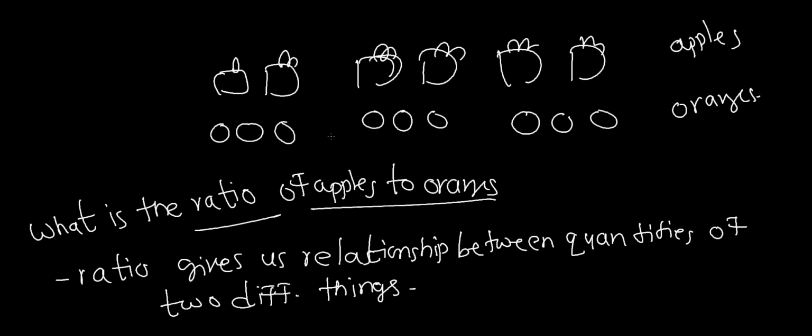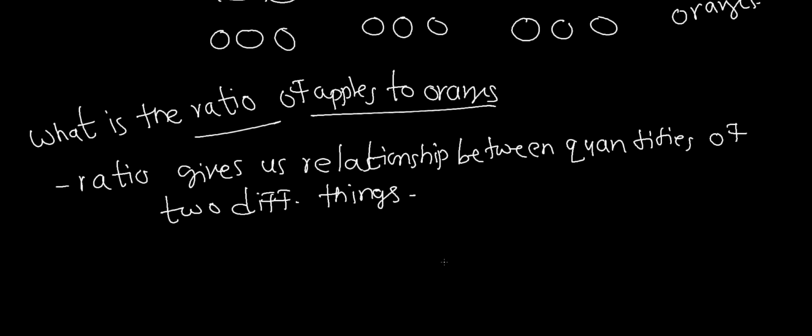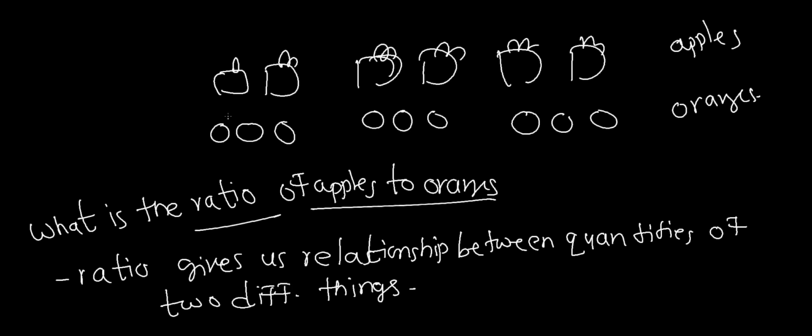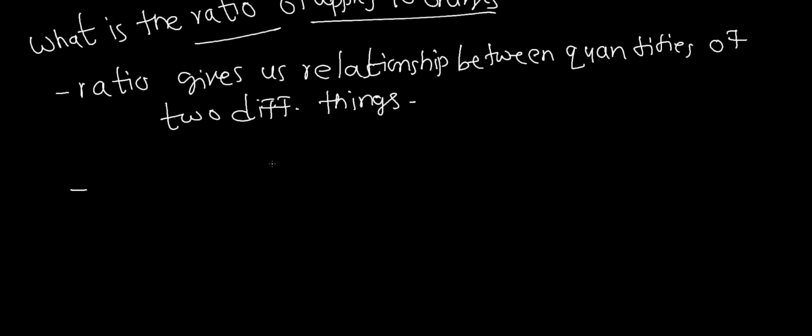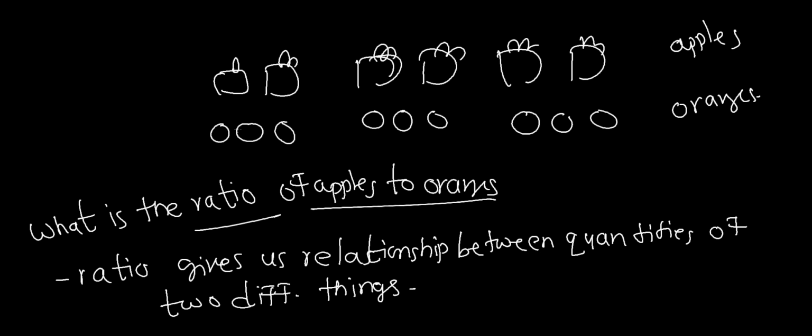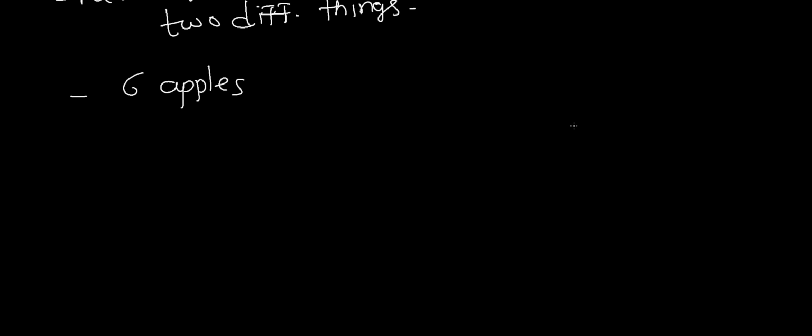So in this case, let's say how many apples do we have, let's say 1 2 3 4 5 6, 6 apples. And 1 2 3 4 5 6 7 8 9, 9 oranges are there. So 6 apples, 9 oranges.